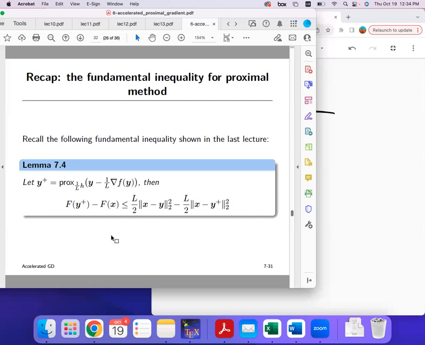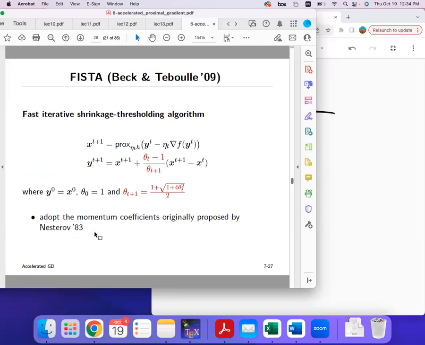But this lemma only works for the proximal gradient method, because the way we define y plus is only one step of proximal gradient method. This does not apply to the accelerated method, because in the accelerated algorithm we have two steps: proximal gradient descent followed by an extrapolation.